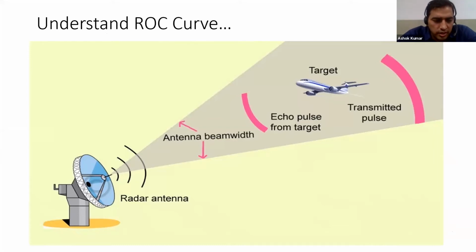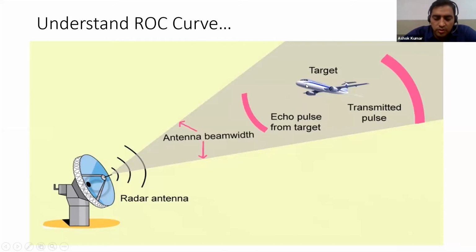This is a radar and this is one target object. Is it our own or is it an enemy? We have to decide whether it is our own craft or an enemy craft. So this radar judges this target.